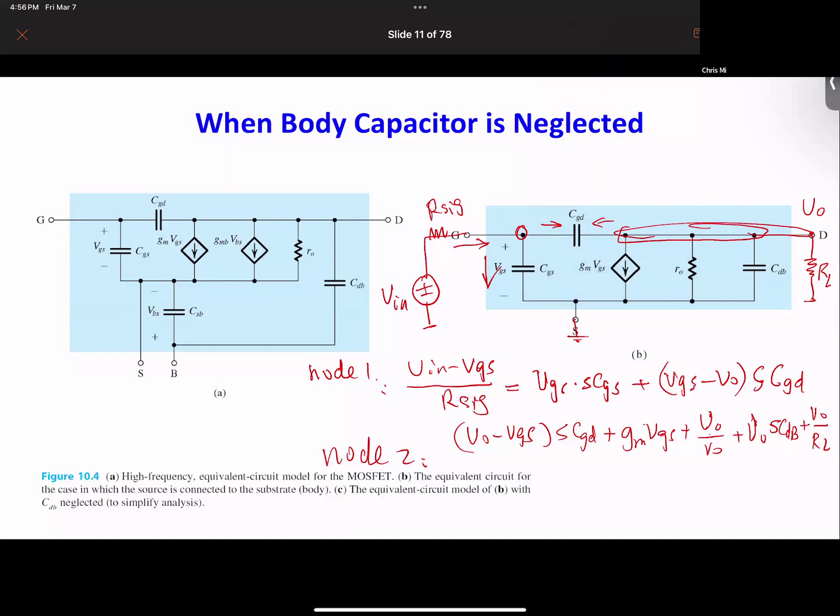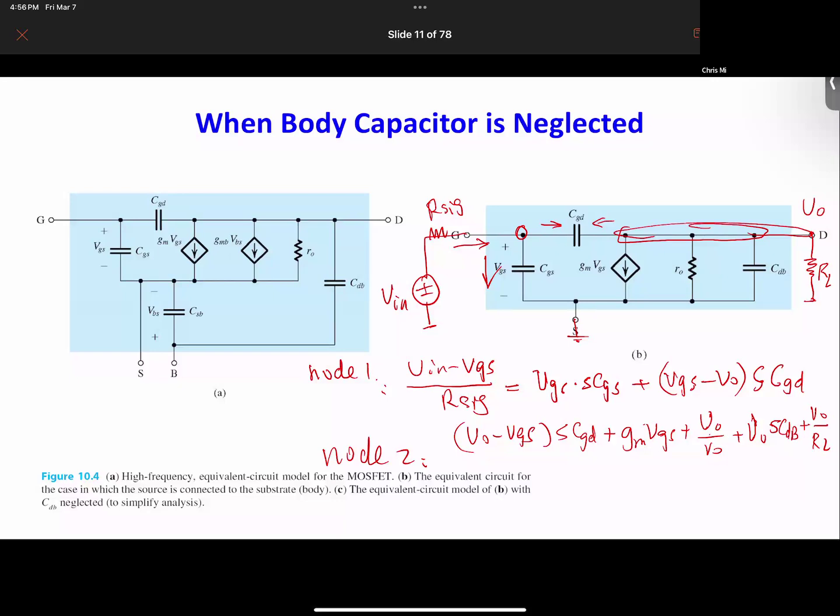Okay, so we have these currents. Current coming out with CGD, which is the voltage difference VO minus VGS divided by the impedance, and we have the current of GM times VGS, and then the current VO divided by RO, and then the current VO divided by the CDB impedance, and then VO divided by RL.